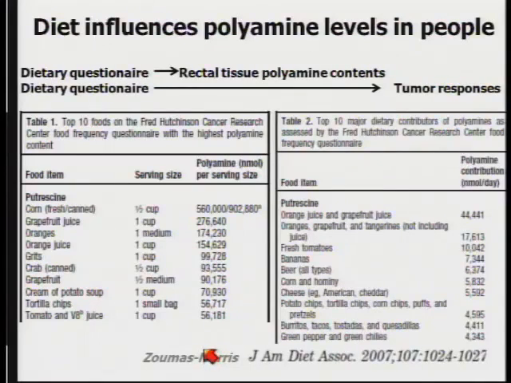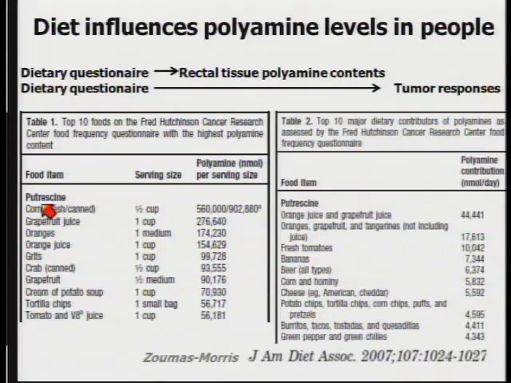We actually converted information in a food frequency questionnaire to data relating to polyamine contents, because many of these polyamines are found in all kinds of plants and animals. It's known that certain food types have amounts of various polyamines.